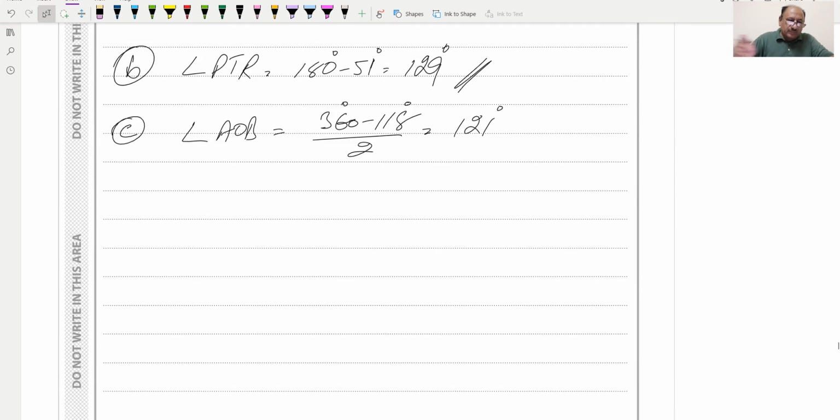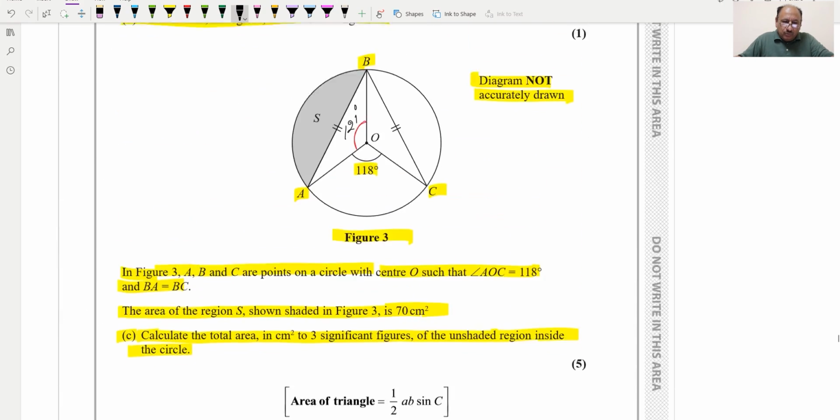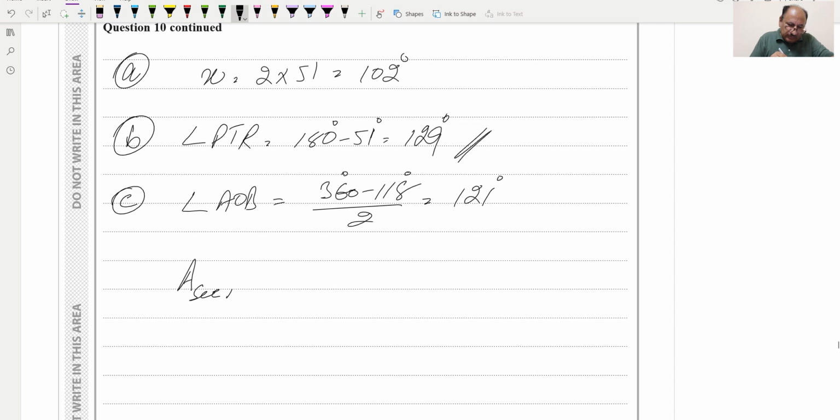So we will use this property. The area of sector AOB minus the area of triangle AOB is equal to 70.